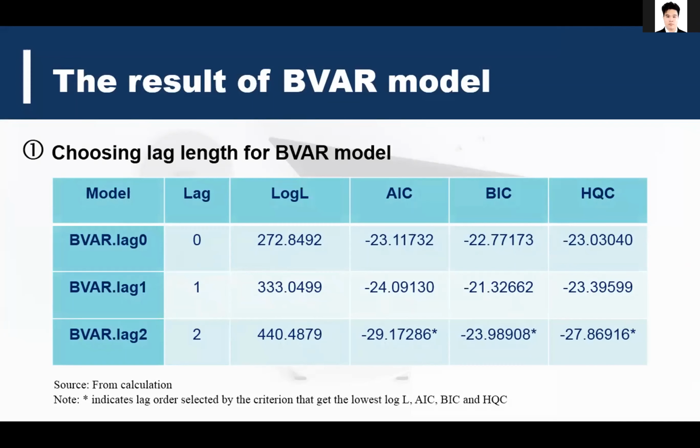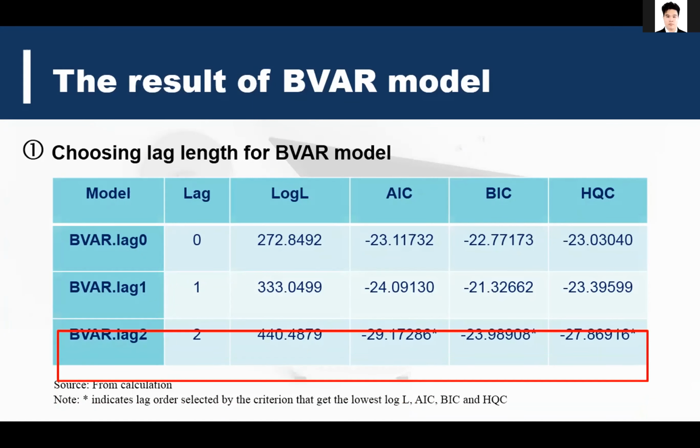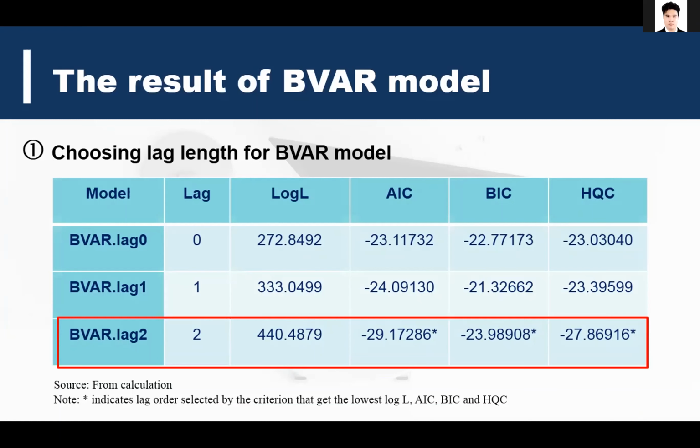The first step is choosing the lag for the BVAR model. From this table, BVAR model lag 2 is the most appropriate because the AIC, BIC, and HQC statistics are lowest.